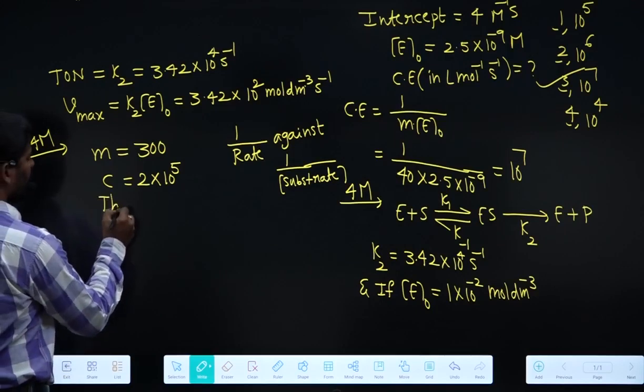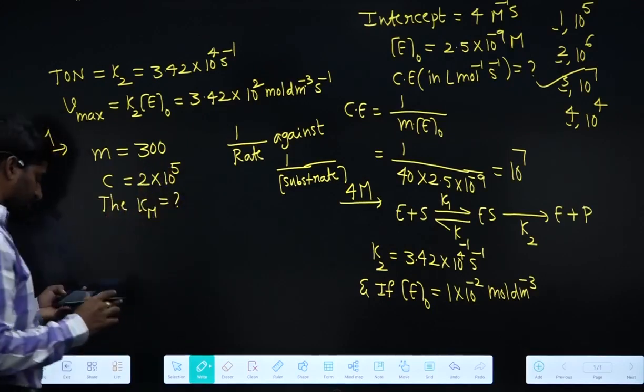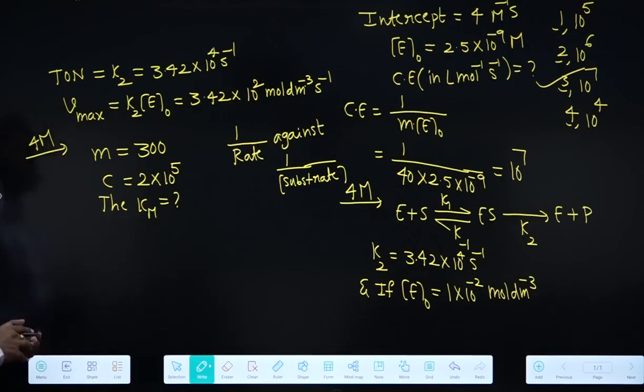The Michaelis-Menten constant is, what is the Km value, if slope and intercept are given?